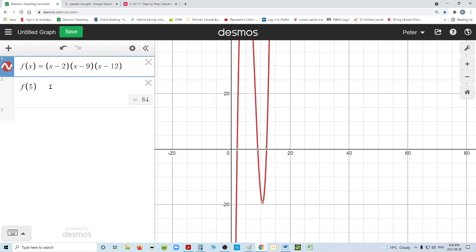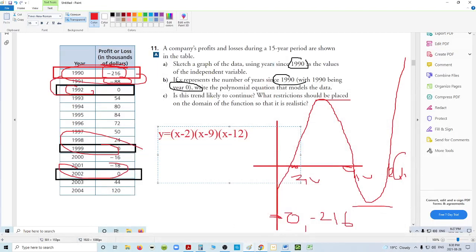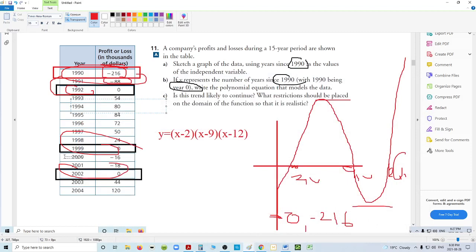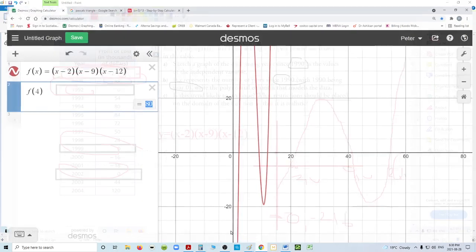Anyway, if I do my f of 0, I'll discover a value way down here, minus 216, just as expected. And sure enough, I'm going to get the data points I want. Let's take f of 4 to see if we get 80. Sure enough, we do. Let's take f of 10, that's the year 2000, to see if we get minus 16.